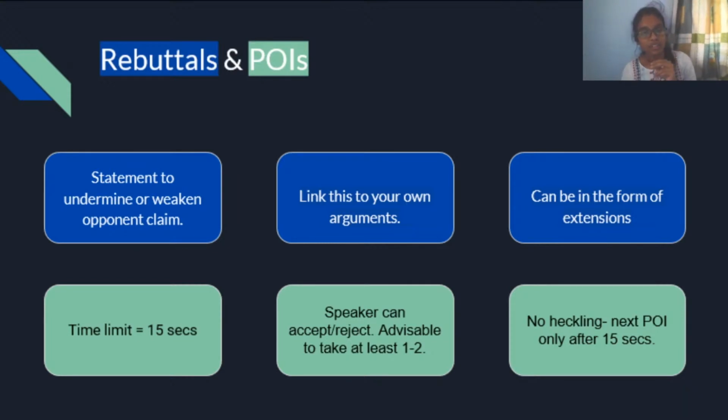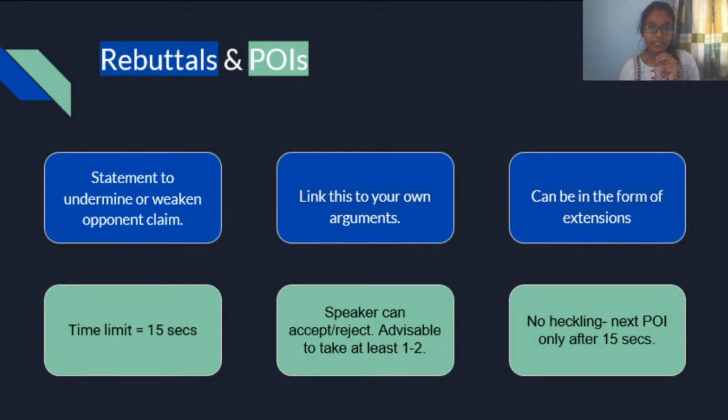As I mentioned earlier, POIs are points of information, or normal basic questions, that the opposite team can ask you during your speech. Reiterating another rule, POIs are not allowed in the first minute and the sixth minute of a speaker. It's only allowed between the second and the fifth minute. And the time limit for each and every POI is only 15 seconds.